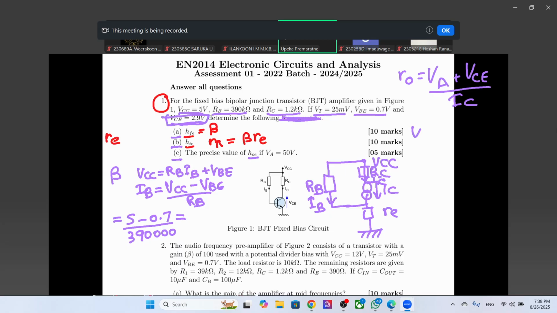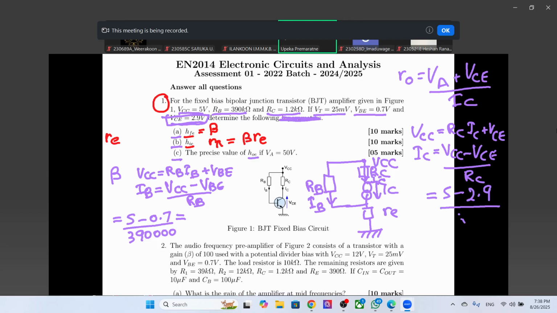VCC equals RC IC plus VCE, so IC equals VCC minus VCE divided by RC. That is 5 minus 2.9 divided by 1.2K.